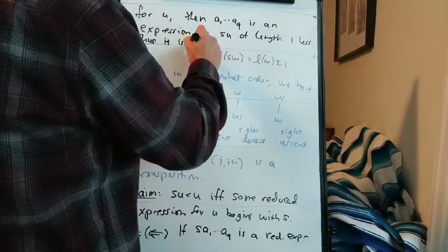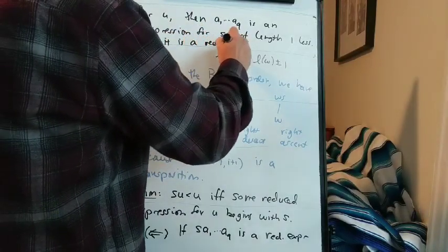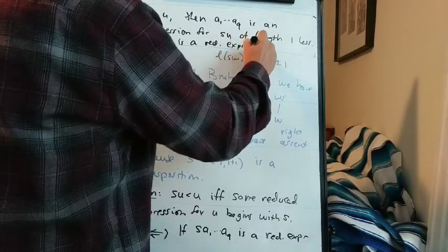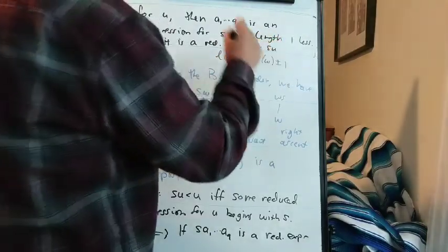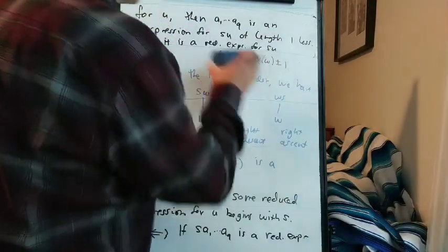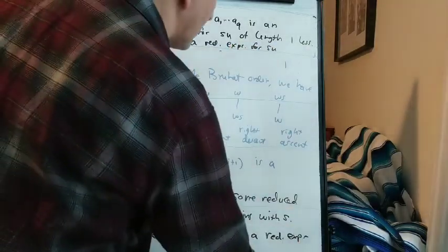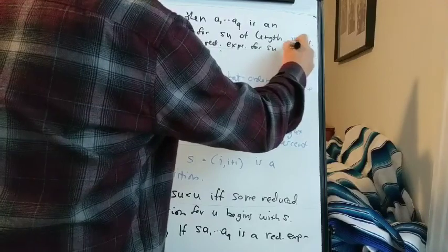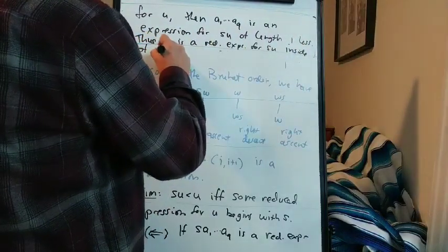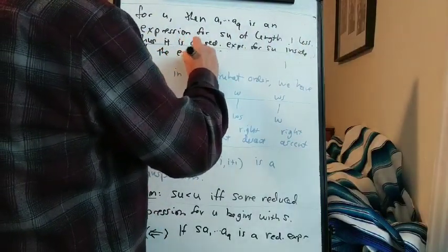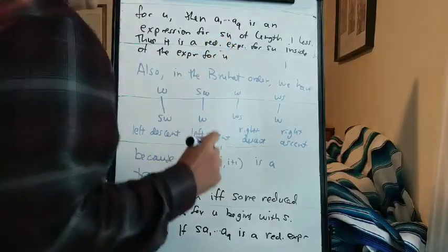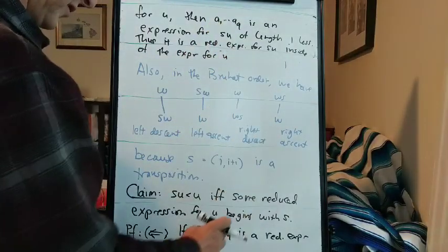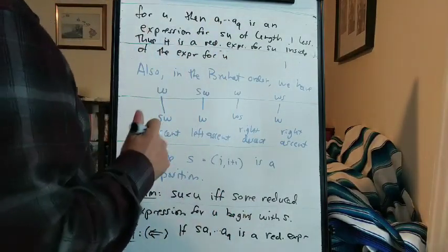So thus it is a reduced expression for SU inside of the expression for U. So since it's inside the expression for U, that means it's less in the Bruhat order.